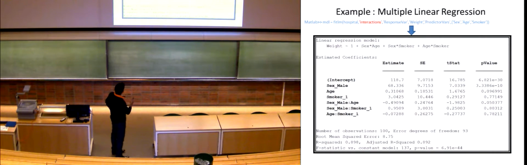There is also a possibility that the output variable is dependent not only on the input variables, but on combinations of input variables. That is called interactions. It is possible in MATLAB to have interactions play between the input variables, and you can do it just by writing these interactions, as you can see to the right.